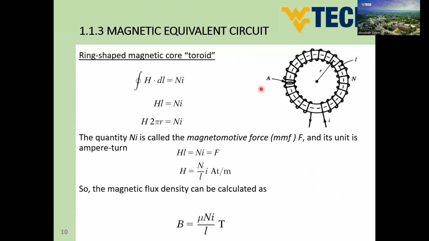Now, let's do more analysis on magnetic circuits and see how we can convert a magnetic circuit into an equivalent circuit. This expression, equivalent circuit, we will use a lot in our class.